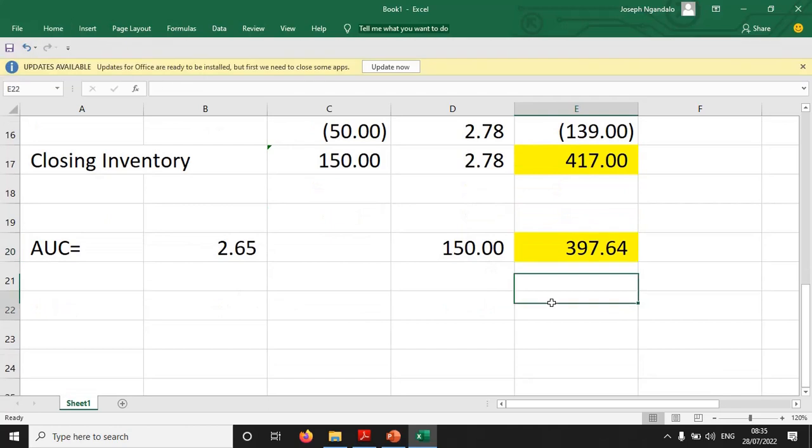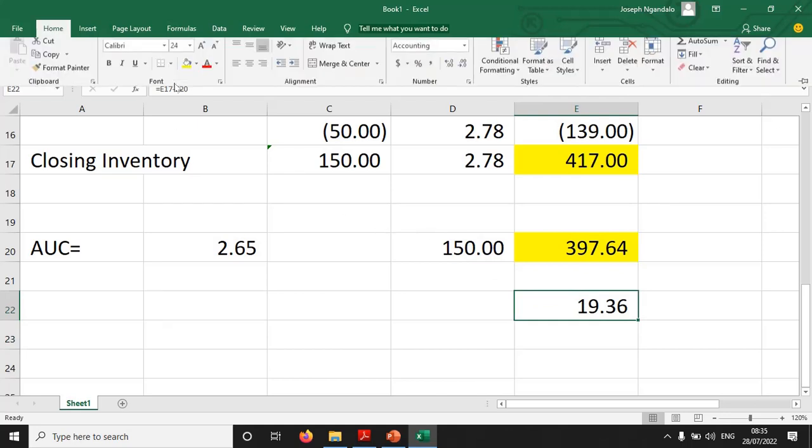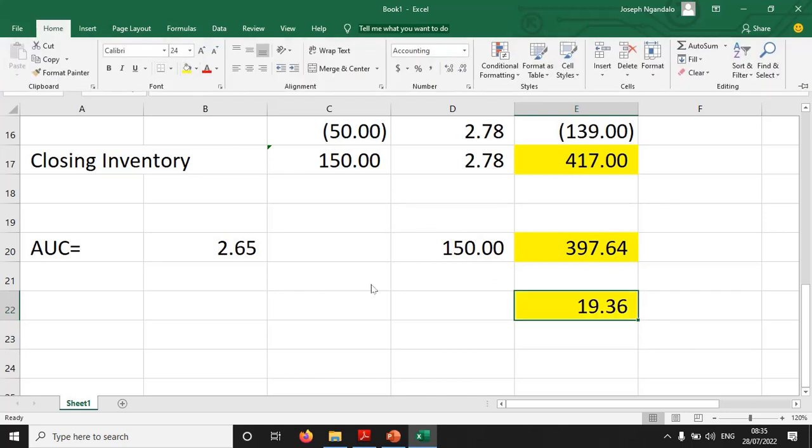So what is the difference between these two numbers? That's what the examiner wanted you to do. This minus that. What's the difference? 19 point what? All right. Great. He's getting 19.5. I'm getting 19.3. So we are not very far away from the correct number.